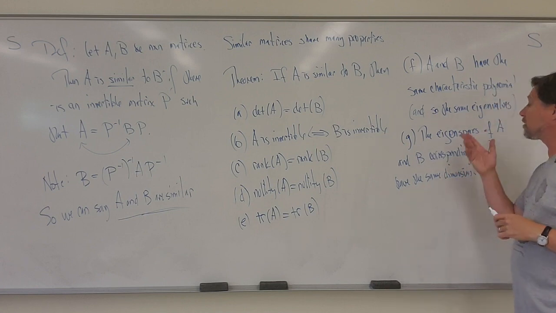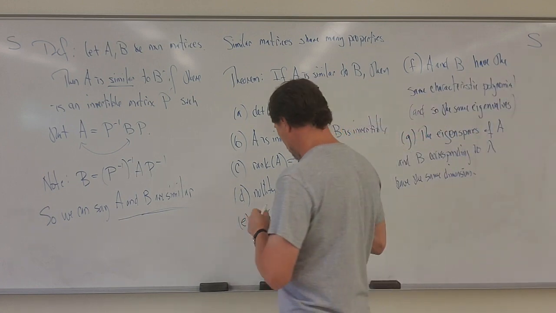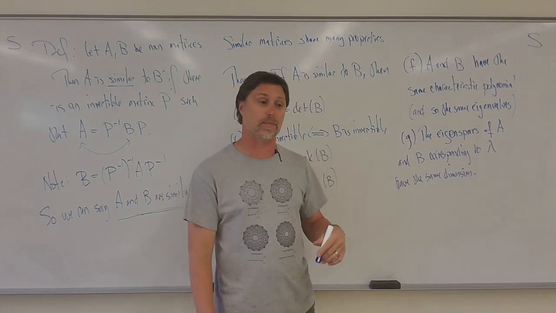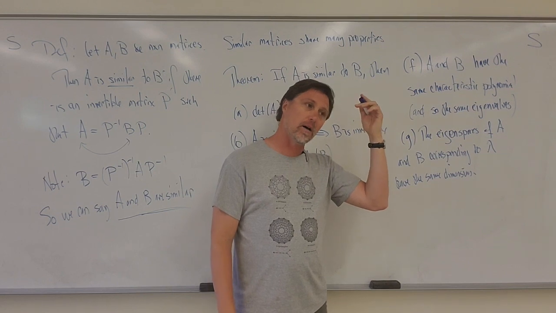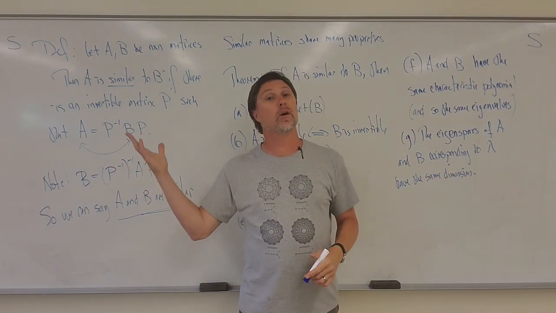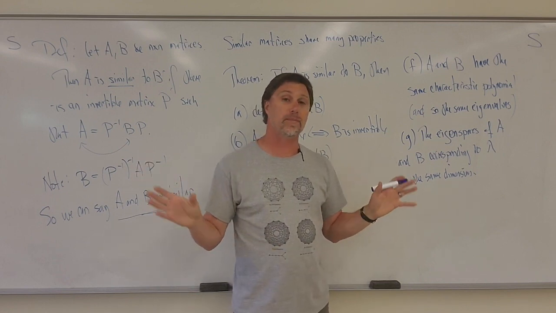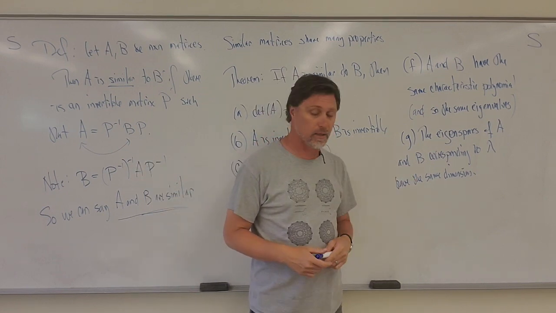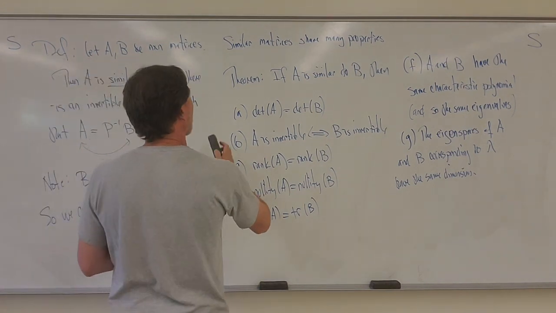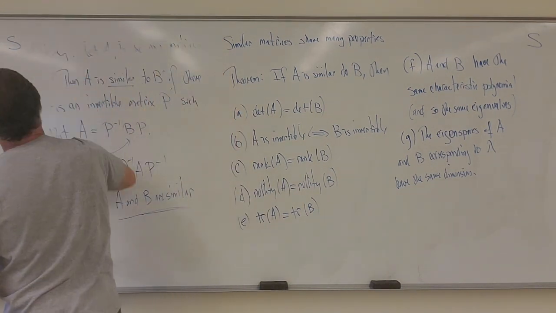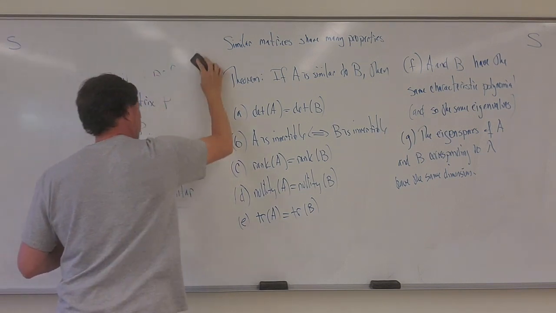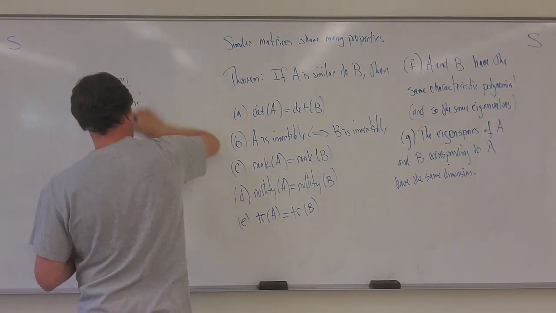So we've got these two matrices A and B. They both have the same eigenvalue lambda, which means that they're each going to have an eigenspace: the eigenspace E sub lambda corresponding to A, and the eigenspace corresponding to B. Both eigenspaces will have the same dimension. Okay, and I want to just verify a couple of these facts. I'm not going to prove every one of them, but let's look at why some of these are true.